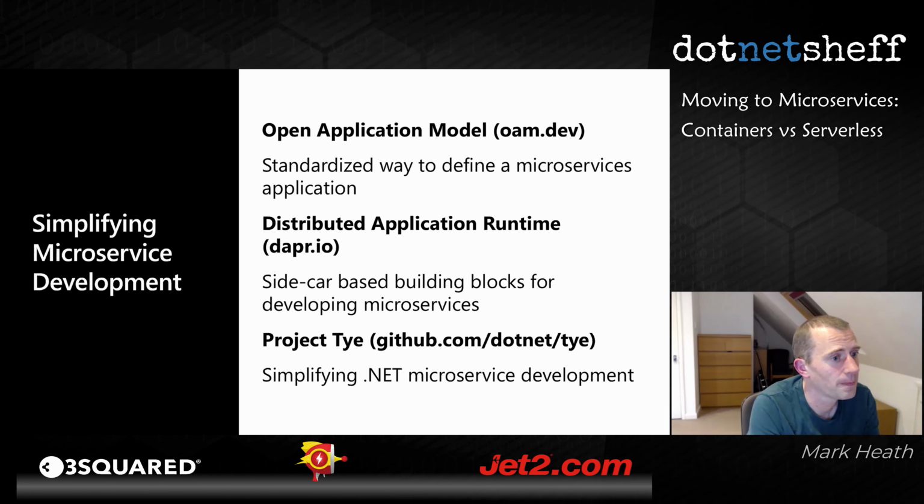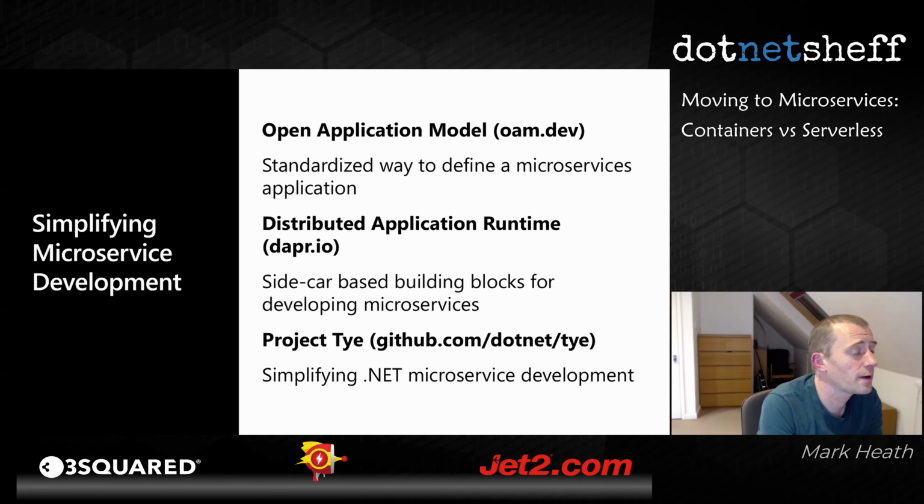And so Dapper uses what's called a sidecar model. Some of you might be familiar with it if you've used containers. Basically, it sits alongside your application, and rather than your application directly talking to another microservice, you talk to the Dapper sidecar and it communicates with the other microservice.